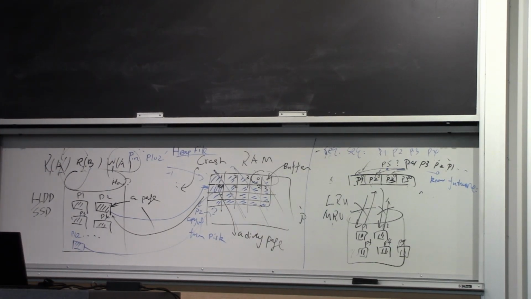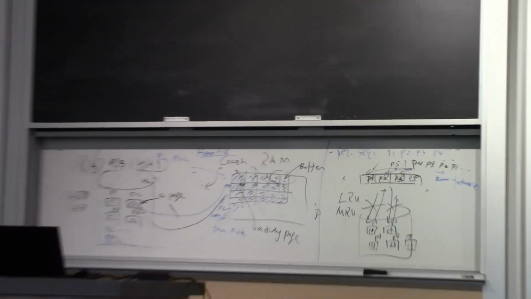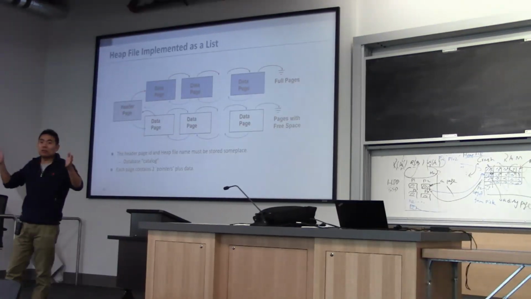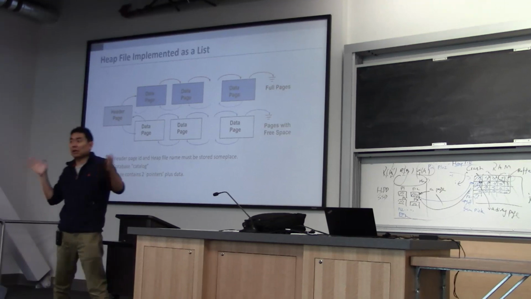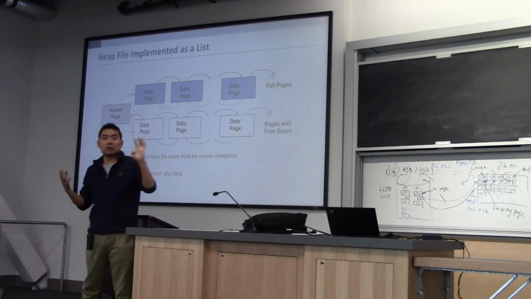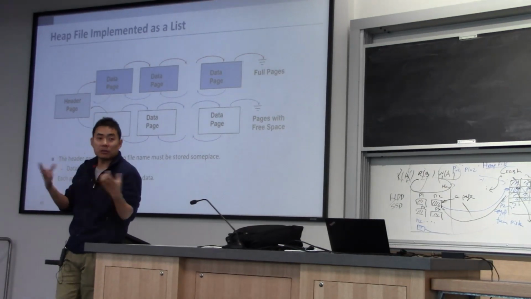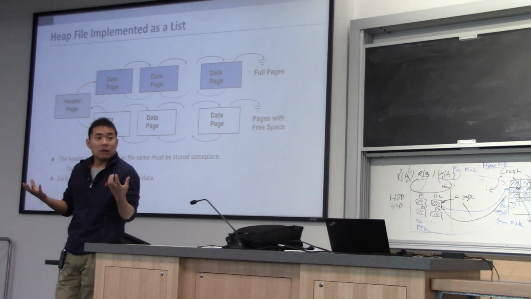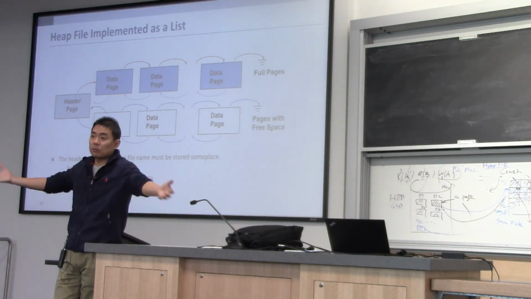A table is nothing else but a collection of pages. Each page is nothing else but a collection of records. So, for example, 10 student records go to a page. Why? Because maybe a page has 4 kilobytes and each student record is 400 bytes. So you can fit about 10 student records into a page, right? But I have millions of student records. What do I do? Well, you organize them into multiple pages.